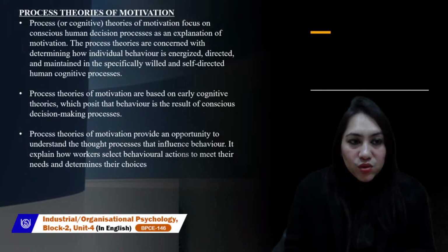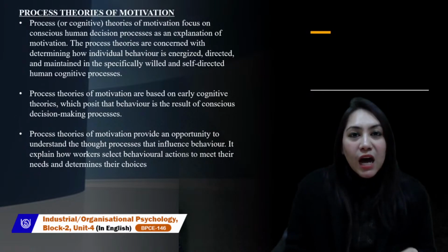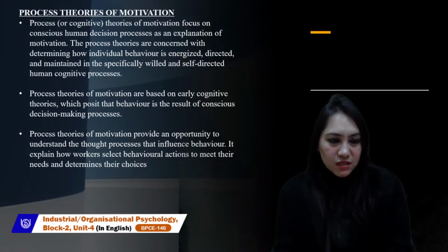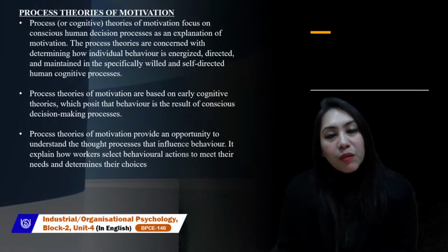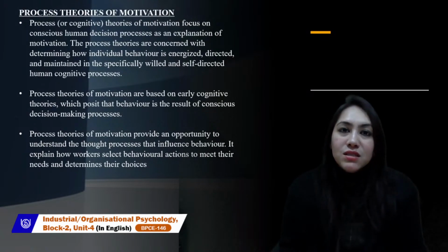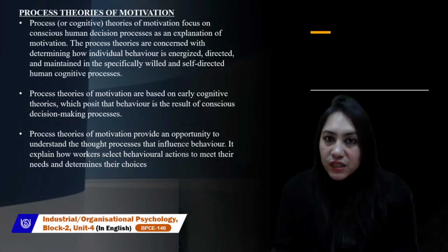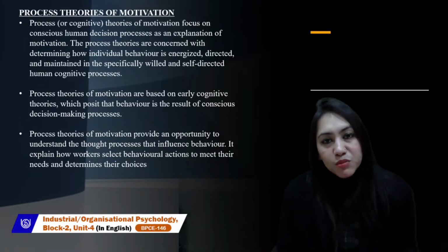These process theories are concerned with determining how an individual is energized, directed, and maintained in a task, especially willed and directed human cognitive processes. Here we are talking about the process, how task achievement is happening, and what kind of cognitive process: how you are thinking, how you are deciding, how you are problem solving.